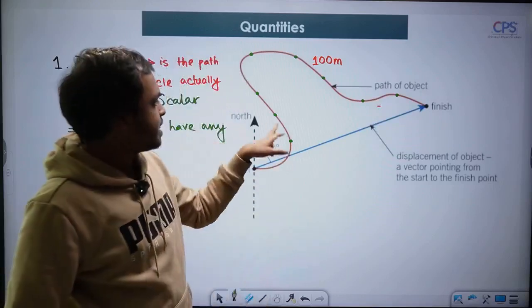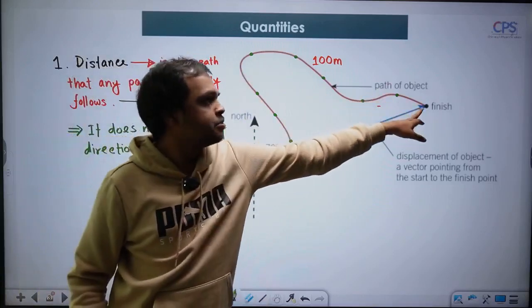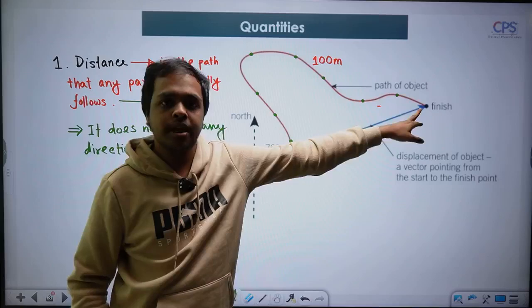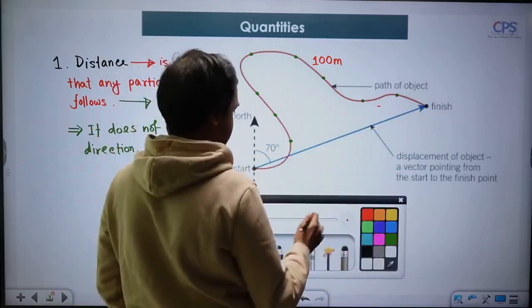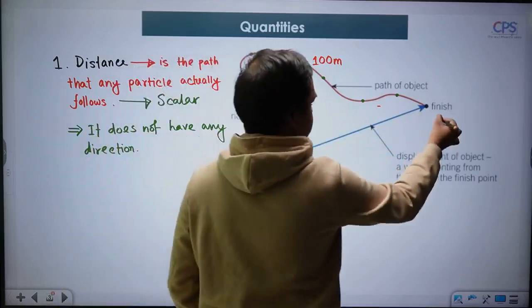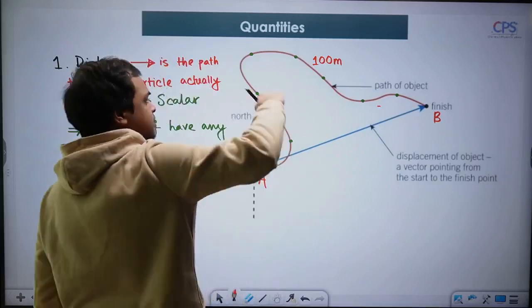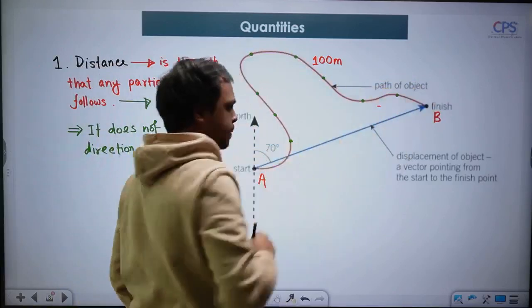See, this path leads you to this position, right? Let's say this is position A and this is position B. So the path leads you to B.